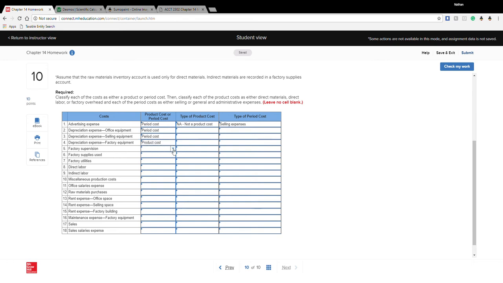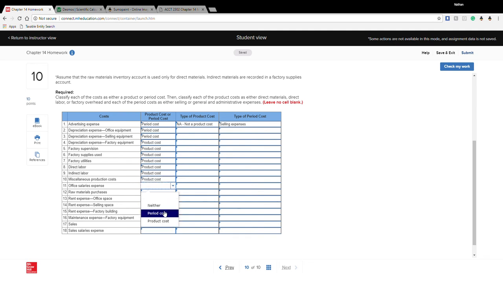Factory supervision, again, product, factory supplies, product, factory utilities, product, direct, indirect. We just found out through prior ones that those are both products. So that's overhead right there. Miscellaneous production costs. Again, it has production right there, so that has to be a product.